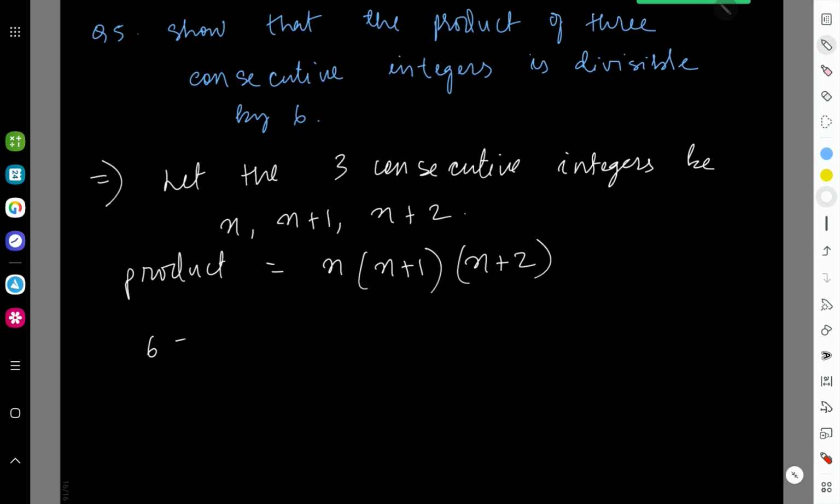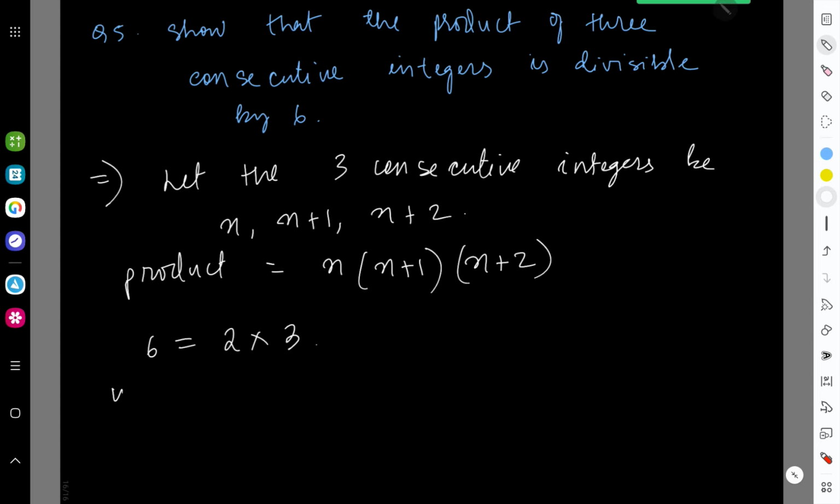Now 6 is a product of 2 and 3. So if we can show that this product is divisible by both 2 and 3, then it is divisible by 6.